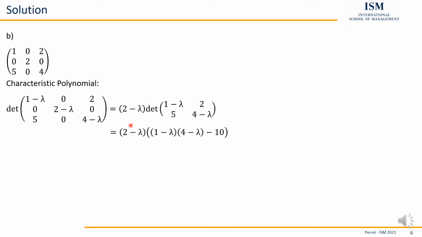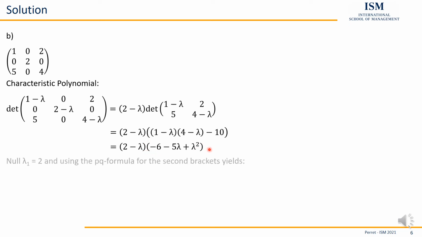The advantage is, here I already see that my first eigenvalue is 2. However, for the part in here, even if I simplify this, I get this expression. So I would have to calculate at this point the nulls of this expression here. For this, I can ideally use the PQ formula.